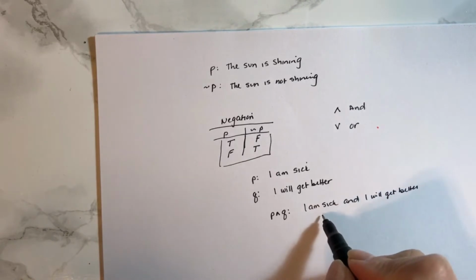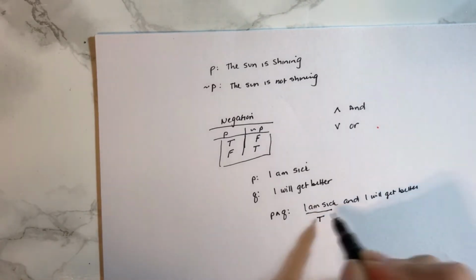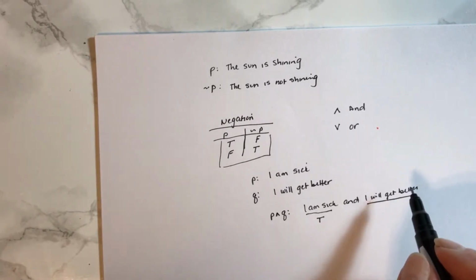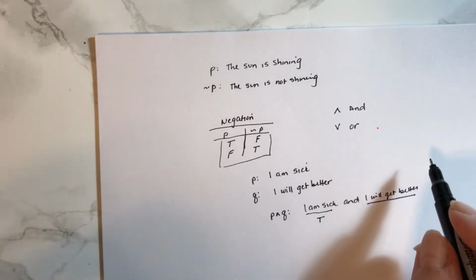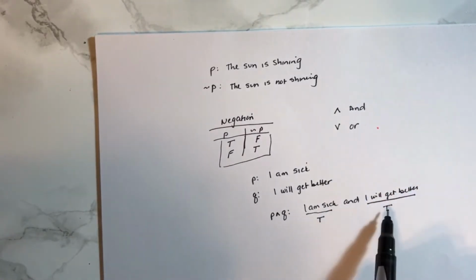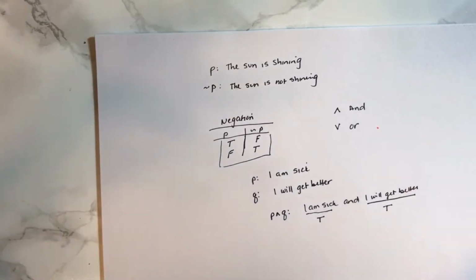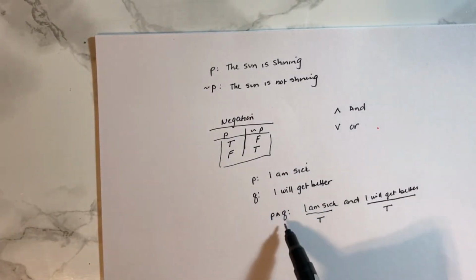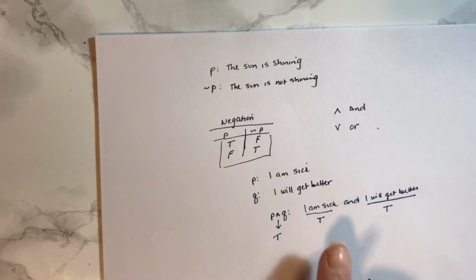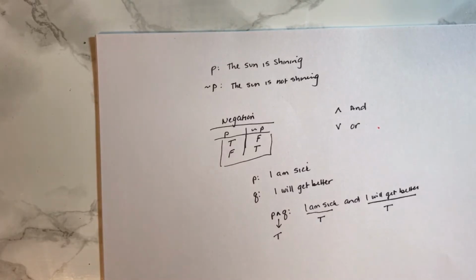So for right now, anyway, this statement is true. And what I'm hoping, maybe I wouldn't get better, but I hope I will. The doctor said I will. So I will get better, then that's also true. And since both statements are true, then I assign a truth value to the whole conjunction as true. Okay, so this is true because both statements are true. If this was false and that is true, then this would be false. If this was false and that was false, that would be false, okay?